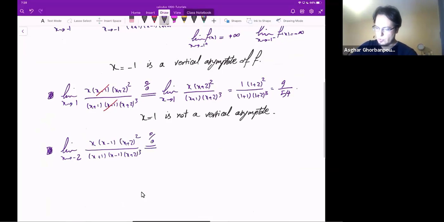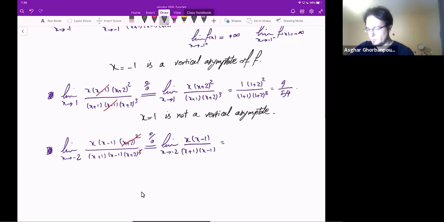This is again 0 over 0. The vanishing factors are these two. You can cancel them. And what you find here is the limit of x times x minus 1 over x plus 1 times x minus 1 as x approaches -2.